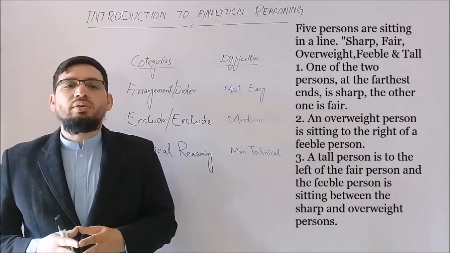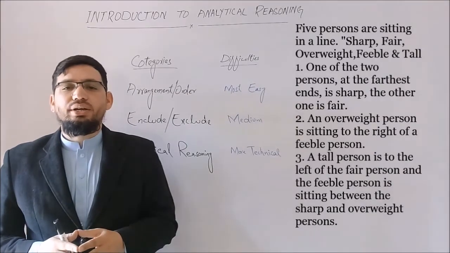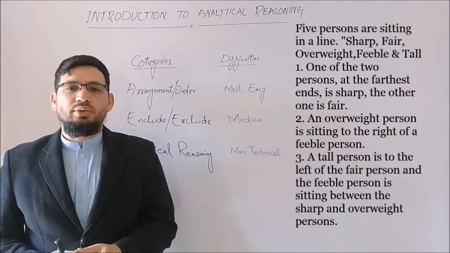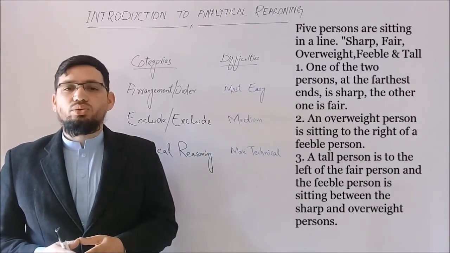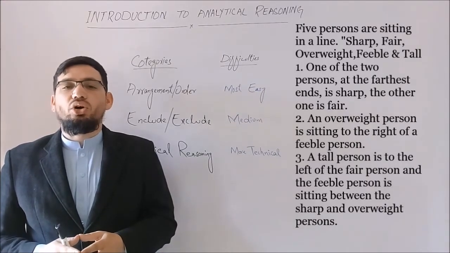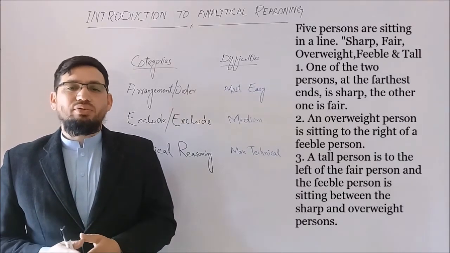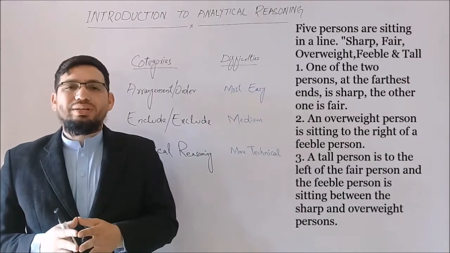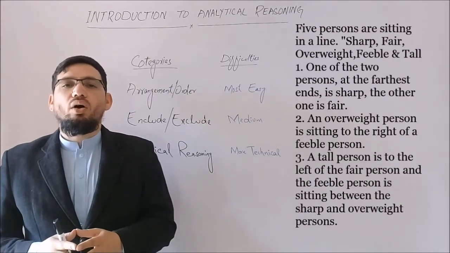The second piece of information is that the overweight person is sitting to the right of the feeble person. And the last information given is that the tall person is sitting to the left of the fair person and the feeble person is sitting between sharp and overweight. Right now, using that information, we have to find out the exact order of this arrangement, that is, which person is sitting on which position.